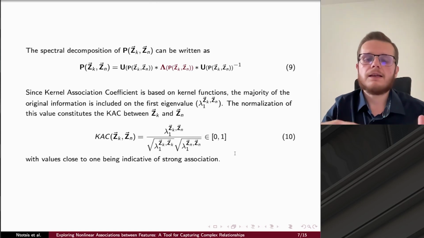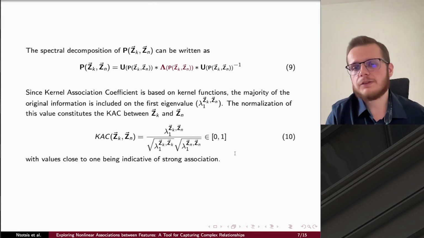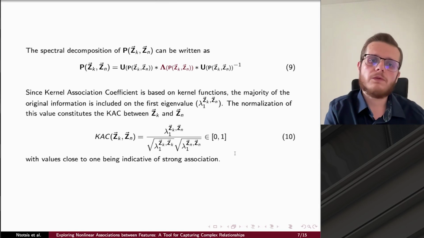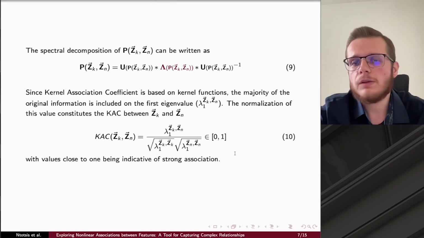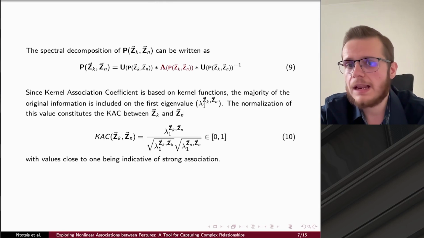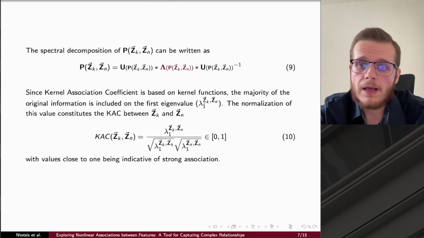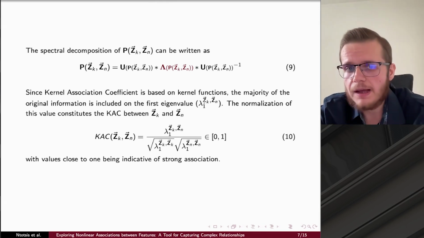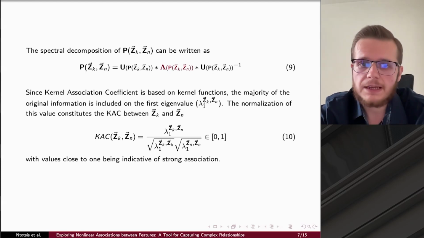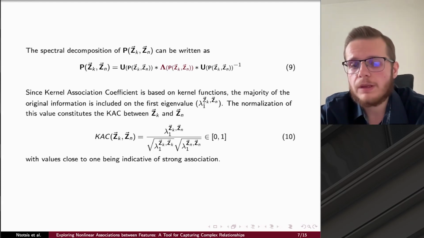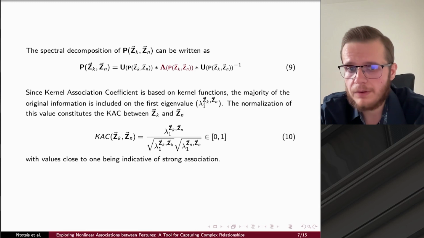Since KAC is based on kernel functions, we know that the majority of the original information is included in the first eigenvalue, lambda 1. So the normalization of this value constitutes the coefficient between the two vectors, and is given in equation number 10.